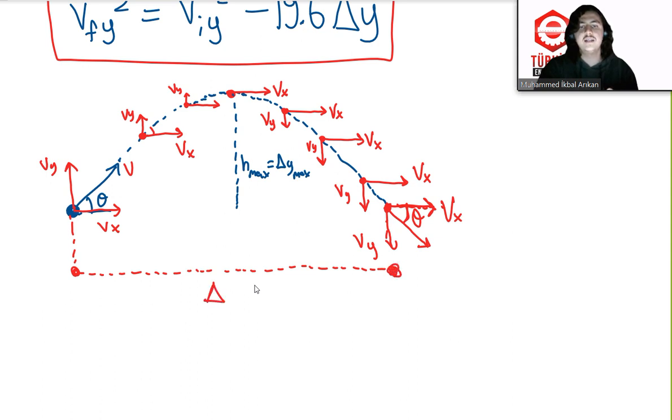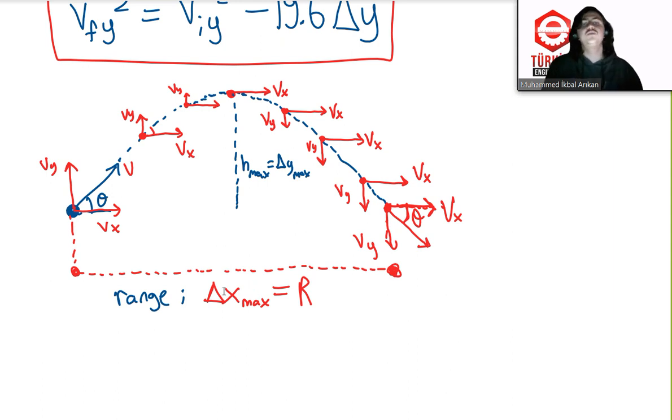So this is delta x, actually maximum delta x, because when you hit the ground your projectile motion is done, it is over. So our delta x max must be equal to our range, which will be represented by r. This is our range, and this one is maximum height.